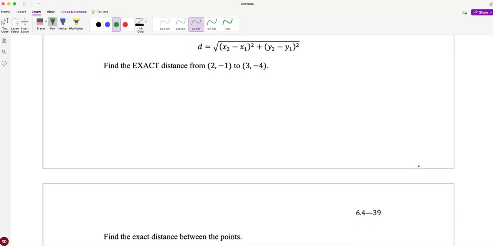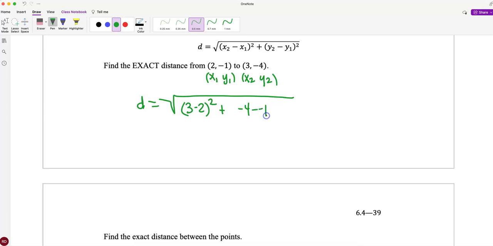If I use my distance formula here, this is my x1, y1. This is x2, y2. So the distance is going to be the square root of x2 minus x1, so 3 minus 2 squared, plus y2 minus y1, negative 4 minus negative 1 squared.